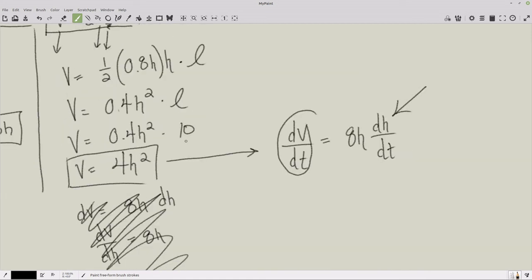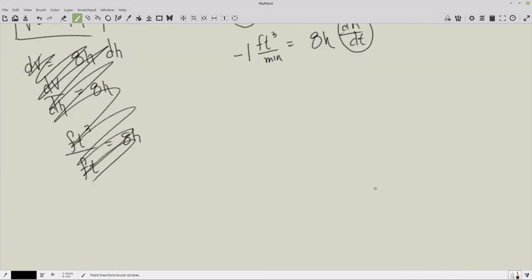We say -1 feet cubed per minute equals 8h dh over dt. This, again, is what we want. So I'm going to take this 8h and move it over. Now I get -1 over 8h equals dh dt.